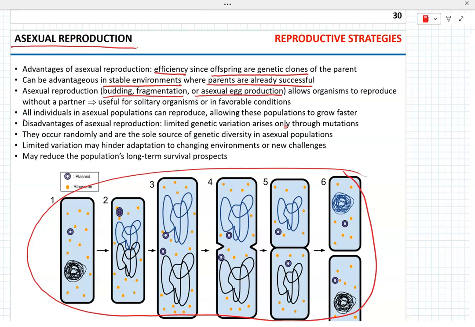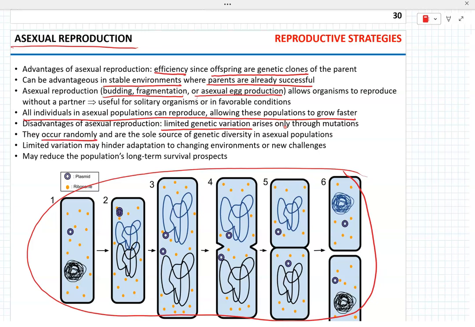The populations that use asexual reproduction grow faster, since all individuals in the population can reproduce, not just females. Disadvantages. First and foremost, limited genetic variation, which can arise through mutations, and in the case of bacteria, horizontal gene transfer.